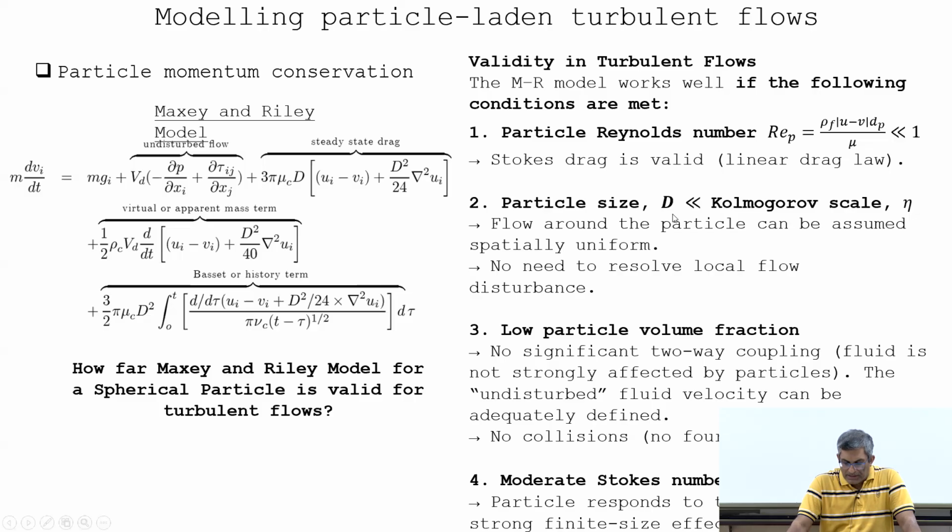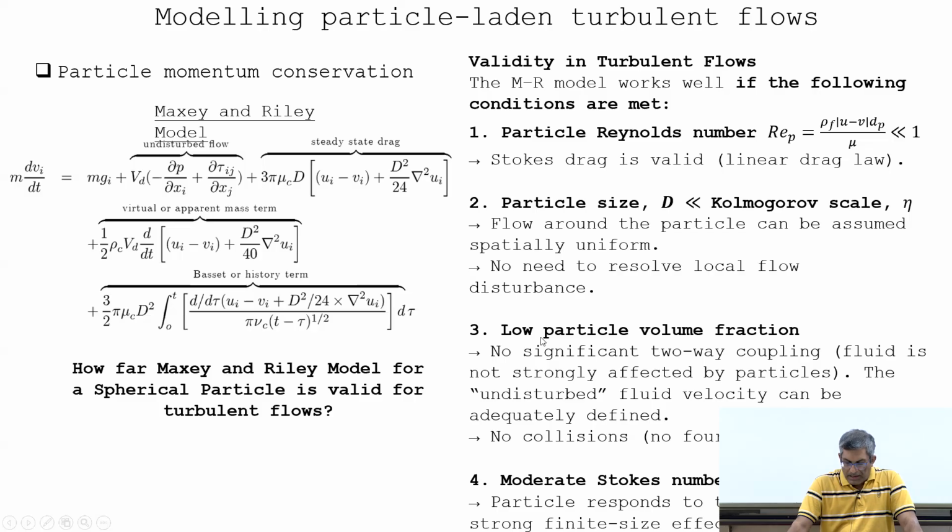Now, why is this required? Because only in such a case the flow around the particle can be assumed spatially uniform, as it was considered in this model. No need to resolve the local flow disturbance, and because the particle size is smaller than the smallest scale of turbulence, we do not have to resolve the local flow disturbance, for example, the wake effect.